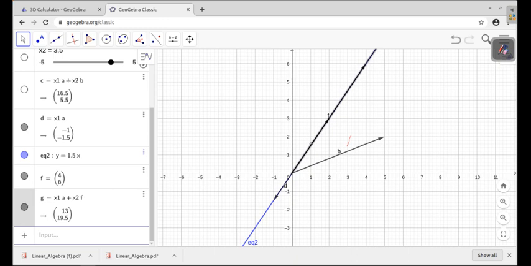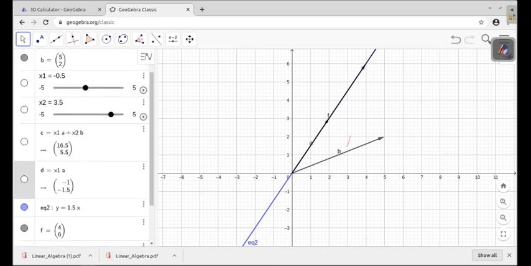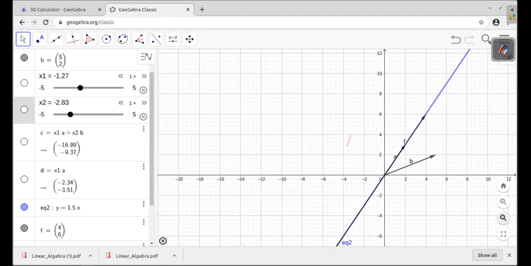Now if I change the values of x1 and x2, just observe the vector g in the line. I am putting on the animation. See, the linear combination vector g remains in the same line.